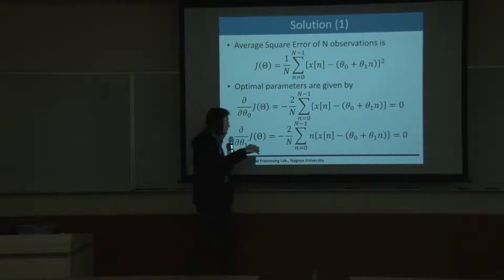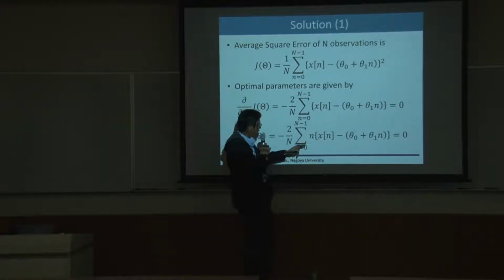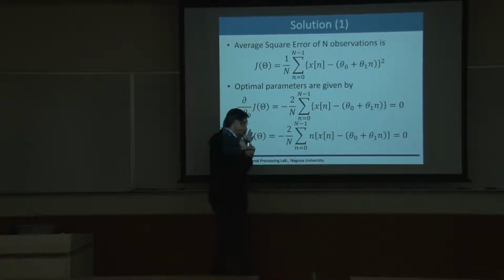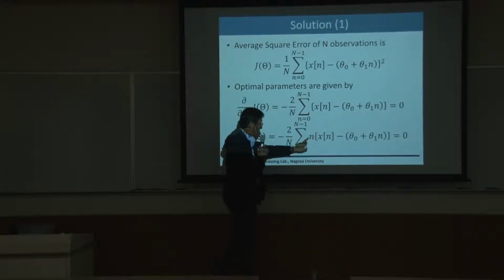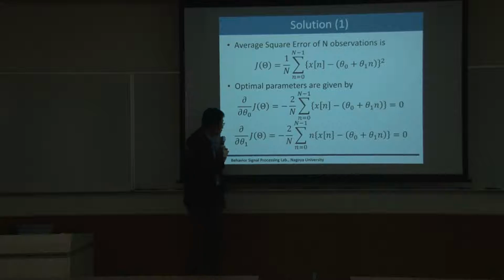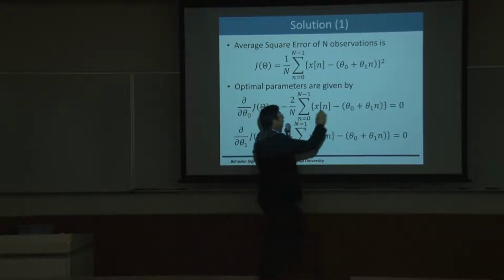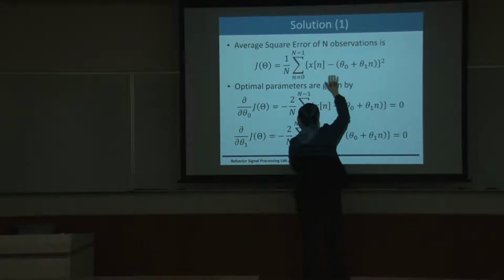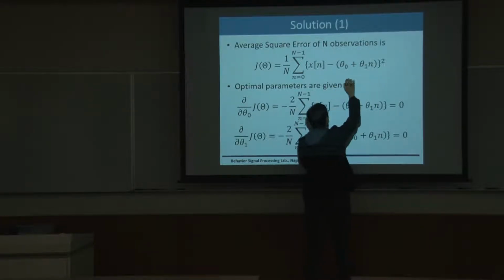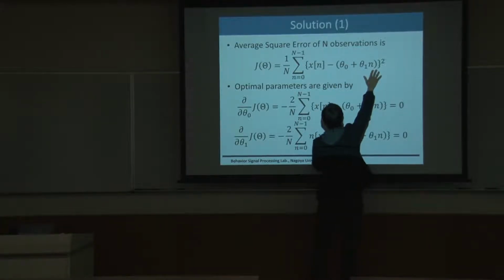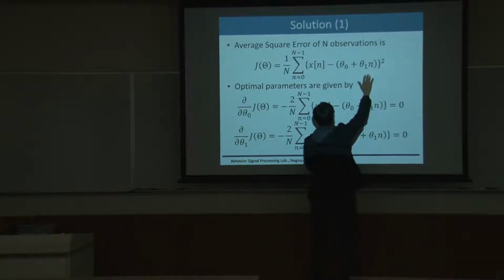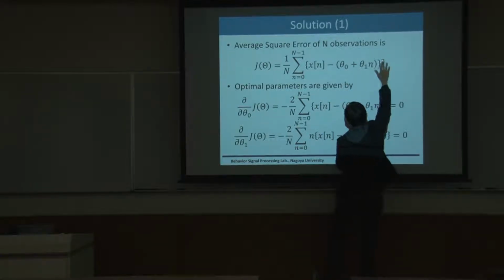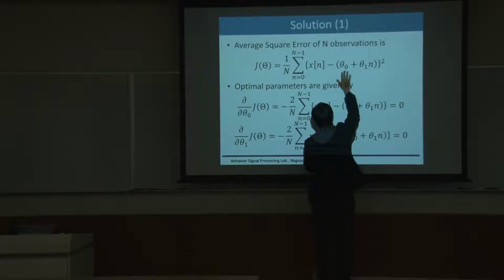If you go into more detail, the difference between this and this is you have an n here, and also because you have n here, you derive the derivative function by simply reducing the order and multiplying by the coefficient for each free parameter.